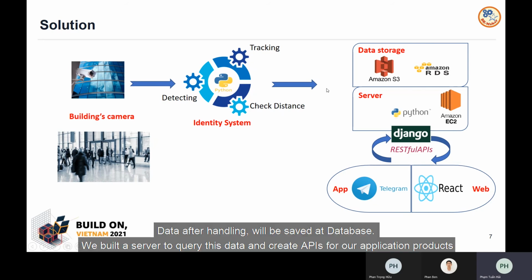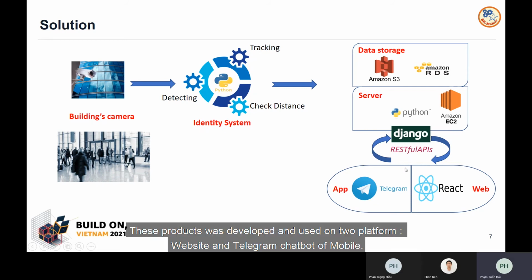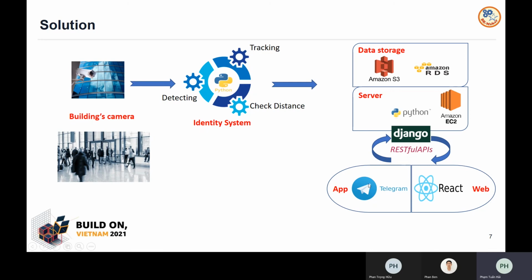The data after handling will be saved in the database. We build a server to query this data and create APIs for our application products. These products were developed and used on two platforms, a website and Telegram chatbots on mobile.